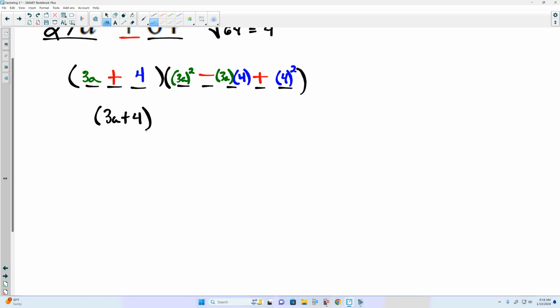Now, our second set of parentheses, 3a squared, is actually not going to be 3a squared, because we have to square both terms. It's 9a squared. The way it worked out that way the last few times is because x squared is just x times x, so it sounds the exact same.